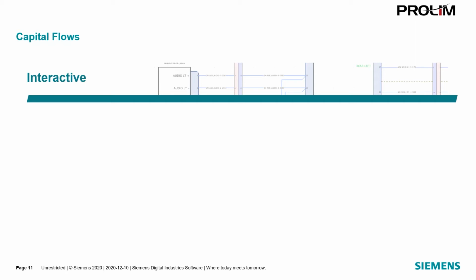The first flow is probably the most normal flow, what everyone is really used to, especially from an electrical engineering perspective, because it's more of what you think of when you think of schematics, or just point to point wiring. It's really the interactive flow from device A to device B, your connectivity through inlines, through connectors.